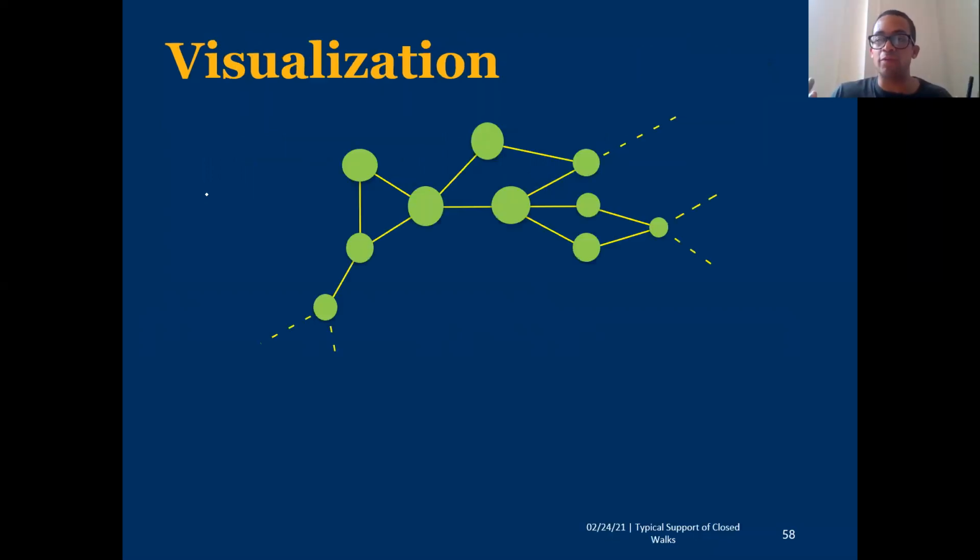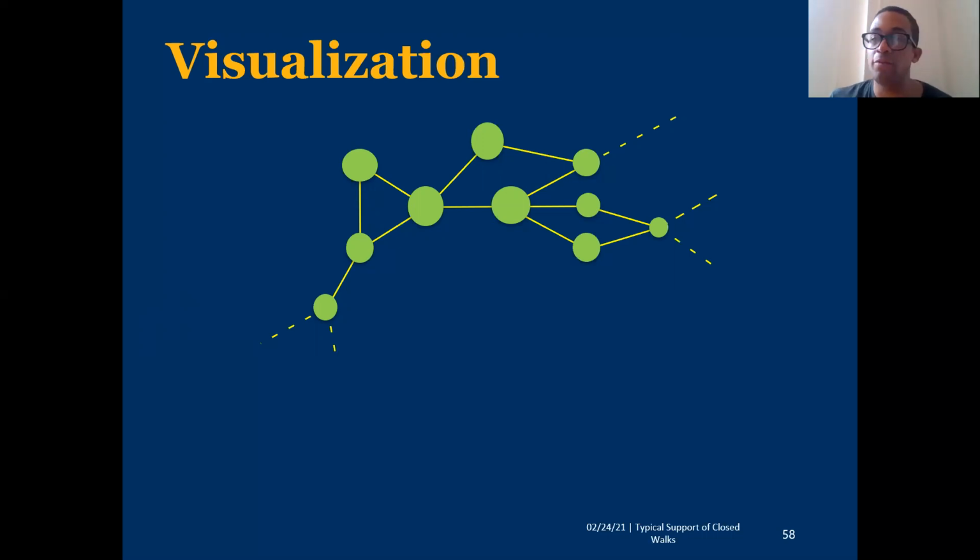Intuitively, the way that this works is consider this to be the top eigenvector. Here's our set of vertices, and the size of the circle at each vertex is its value in the top eigenvector.